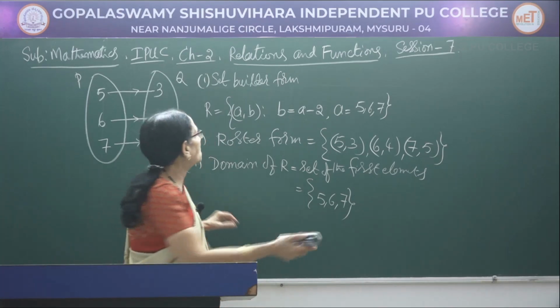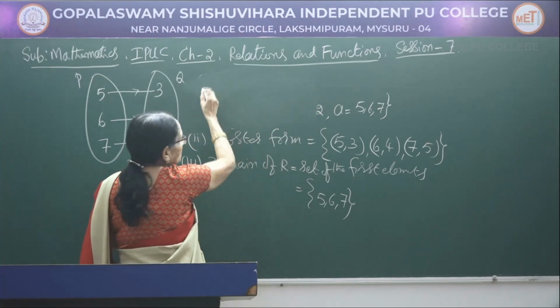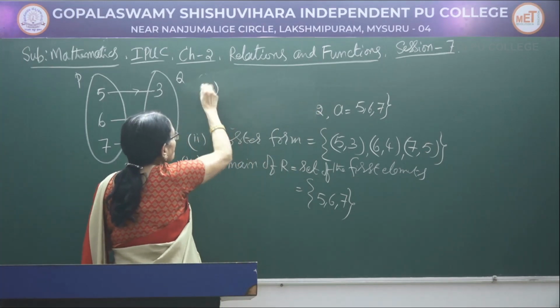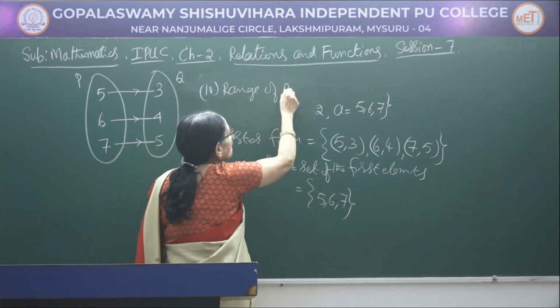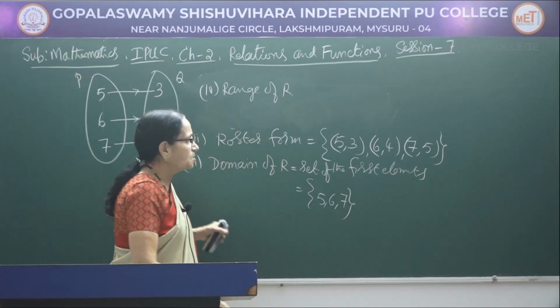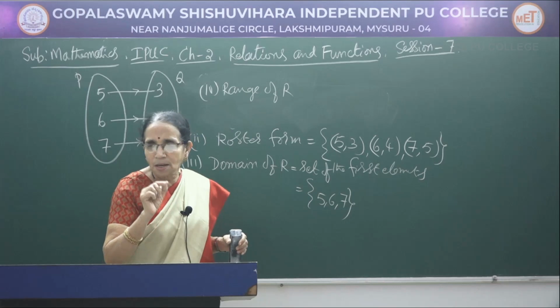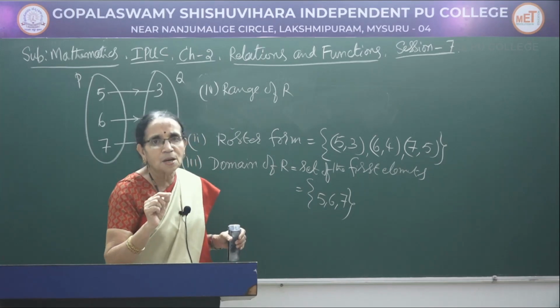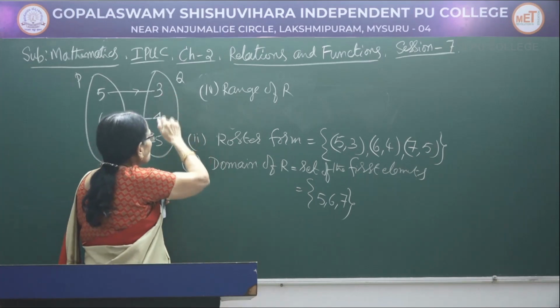What is the next thing that has to be calculated? The fourth one is the range of R. How do you define the range of a relation? It is the set of the second elements of the ordered pairs of the relation R. What are the second elements here? 3, 4 and 5.